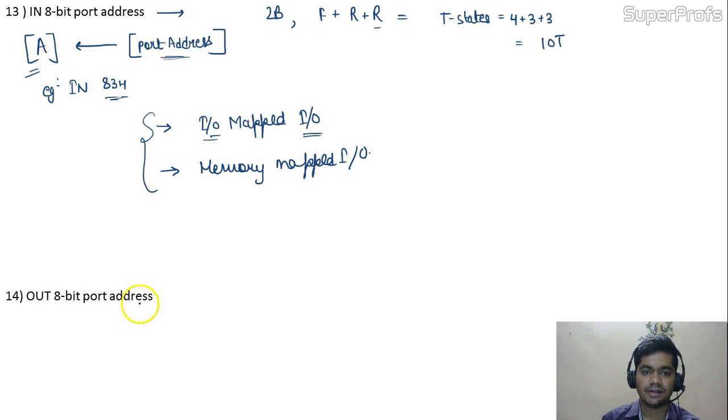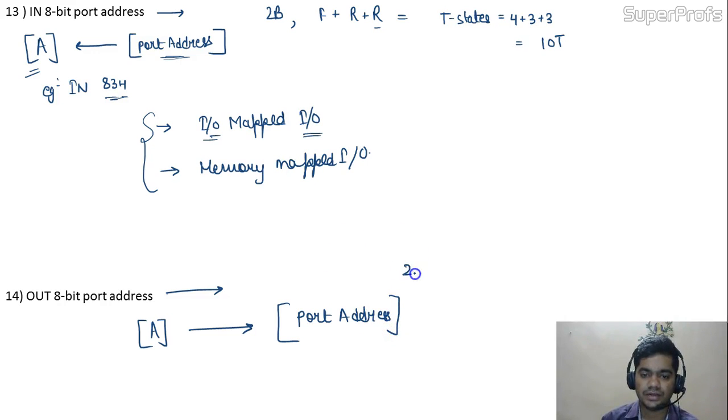Similarly, for OUT 8-bit port address, the inverse operation of the IN instruction would be performed, that is, the data present in the accumulator would be transferred to the port address given in the instruction. Okay, so it would also be a 2-byte operation. The first machine cycle would be fetch, the second would be read, so that it can read this 8-bit port address, and the third operation would be IO write, because it is writing here.